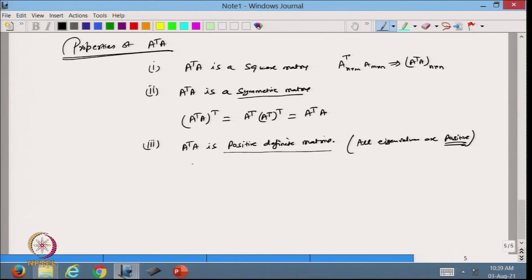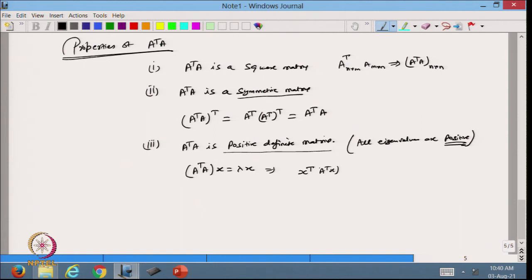Now, how can we show this one? So, A transpose A x equal to lambda x, and from here I just multiply by x transpose.